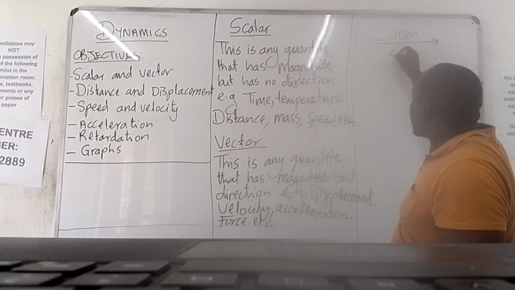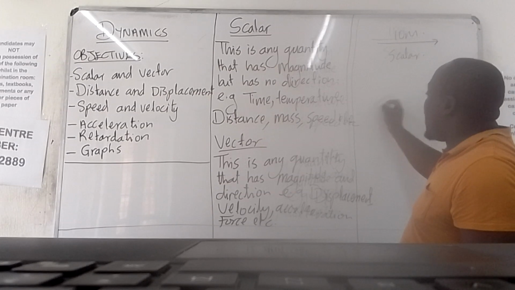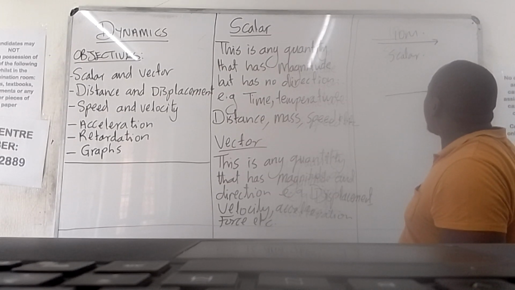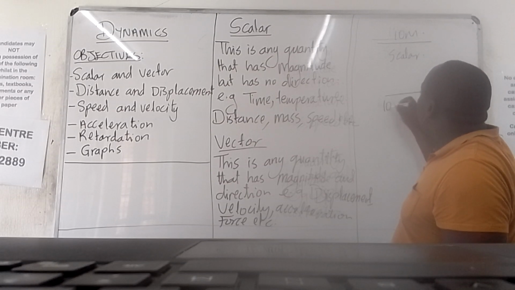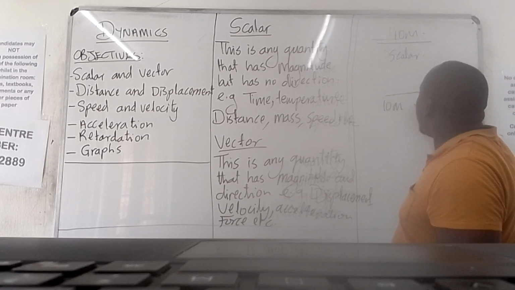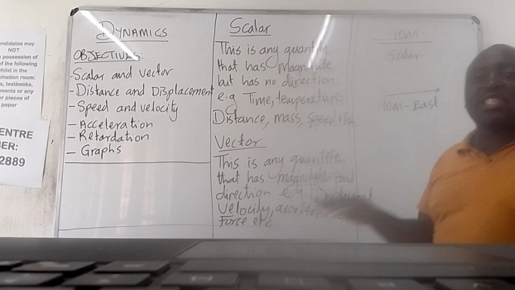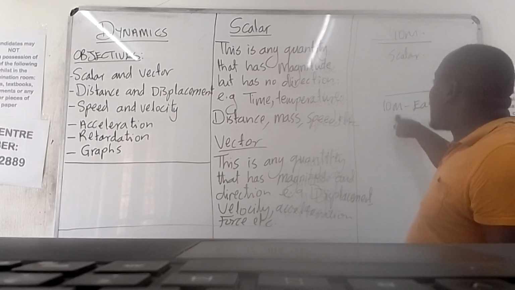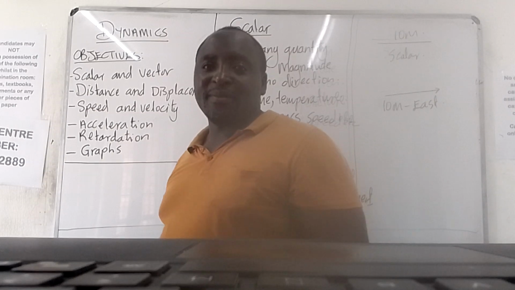But if it is a vector, we'll say 10 meters east. So this one is 10 meters, it doesn't specify direction. This one is 10 meters east, it has direction.